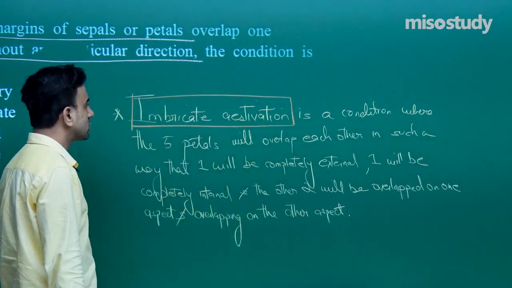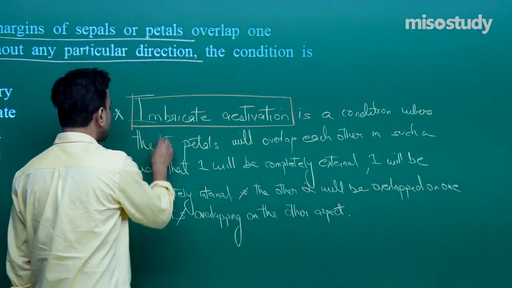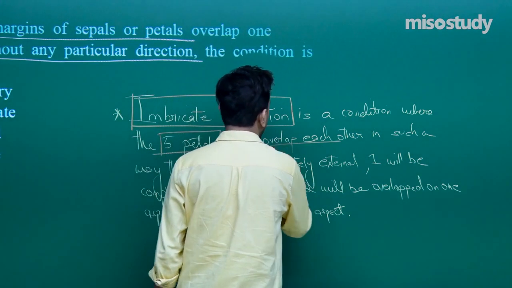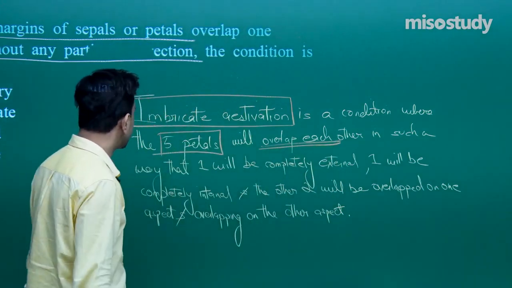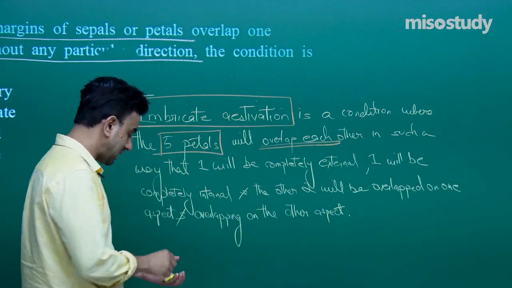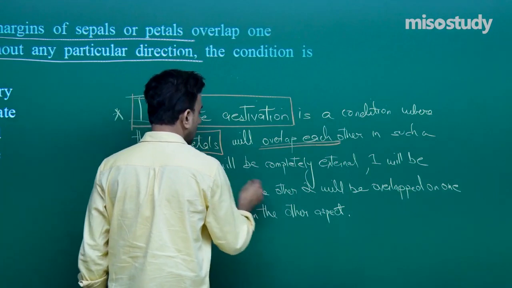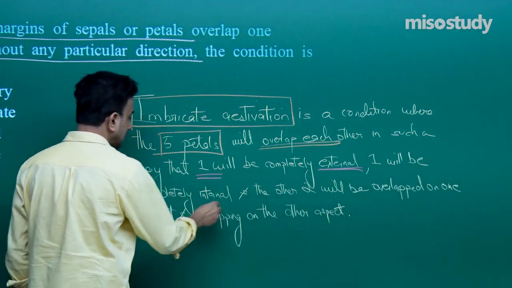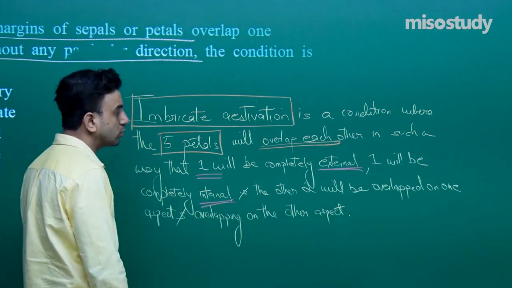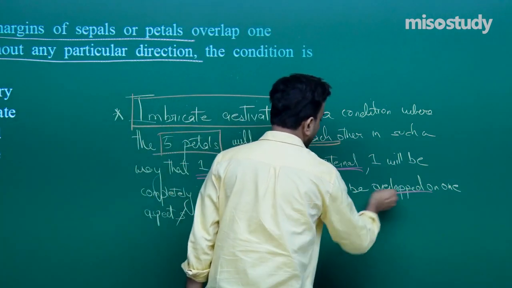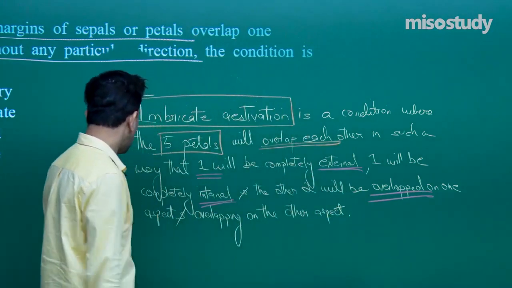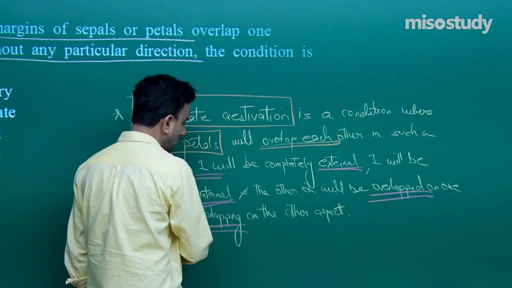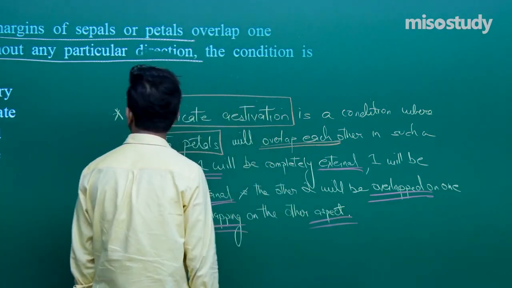So imbricate estivation is a condition where the 5 petals will overlap each other in such a way that one will be completely external, one will be completely internal, and the other two will be overlapped on one aspect and overlapping on the other aspect.